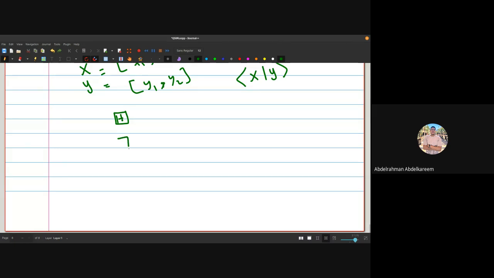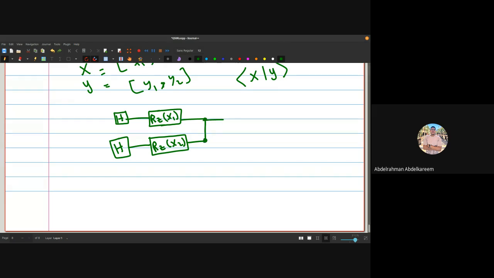So you need two Hadamards, then the rotation RZ with x1 and RZ for x2, and then controlled Z. So this is the first part. I have encoded the vector x into the quantum circuit.